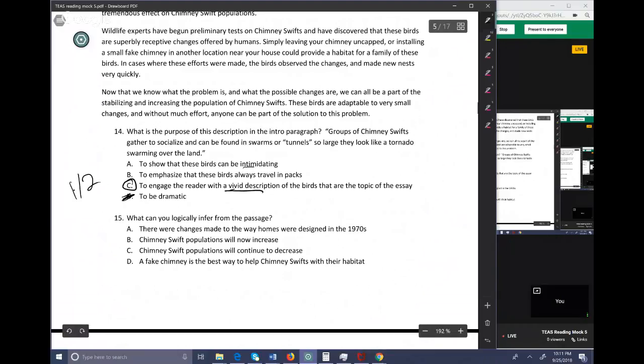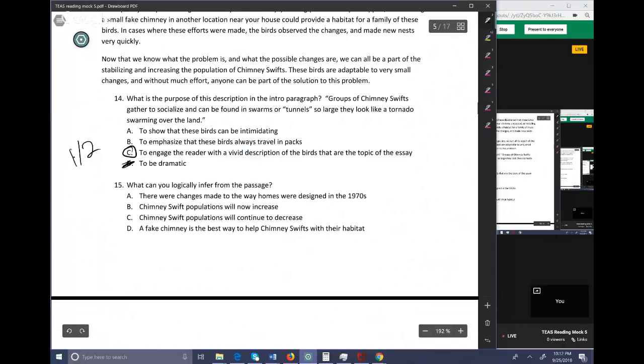They're not wanting to show that the birds are intimidating because, as you know, they never did want to make them intimidating. And then they're not trying to emphasize that they travel in packs. If they had gone on to do more with that, then that might have made sense. But they really were going to talk about mostly their habitat. So since they ended up just going on and talking about habitat, we can assume that was not the goal. They were just trying to be vivid.